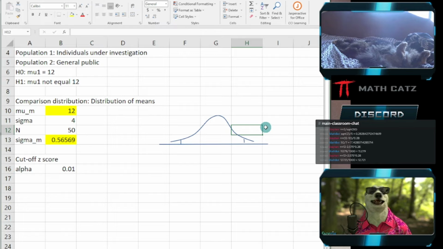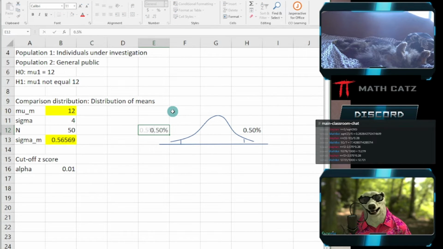So you can see this as 1% and then 0.5%. And over here, 0.5%. And then, of course, in the middle will be my 99%.